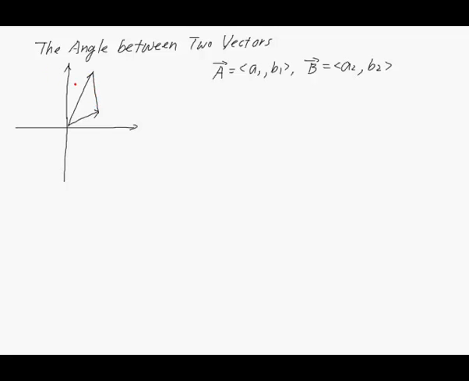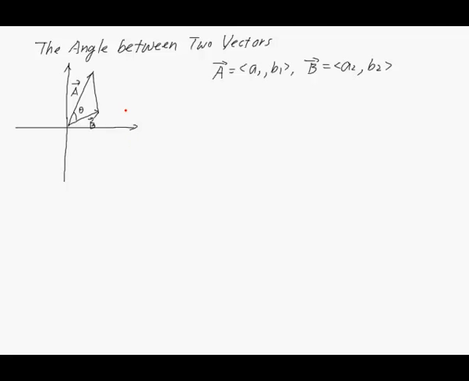So this is my vector A, and this is the vector B. Now, the angle between this vector A and vector B is theta.